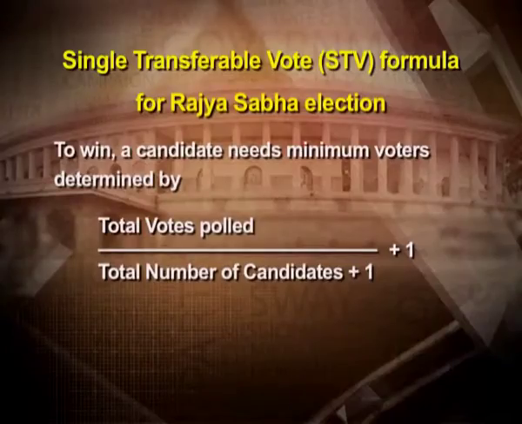They are elected by the MLAs. Now, to win, a candidate needs a minimum number of votes, and that minimum number is determined by the formula that I have given in front of you. It is the total votes polled divided by the total number of candidates plus 1, and then this entire thing plus 1.